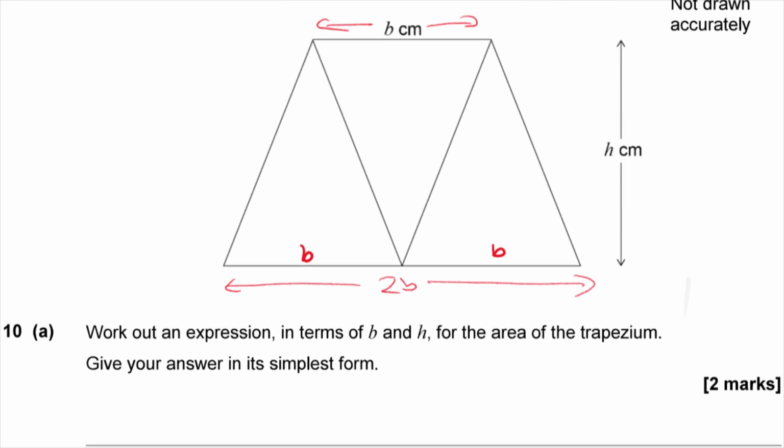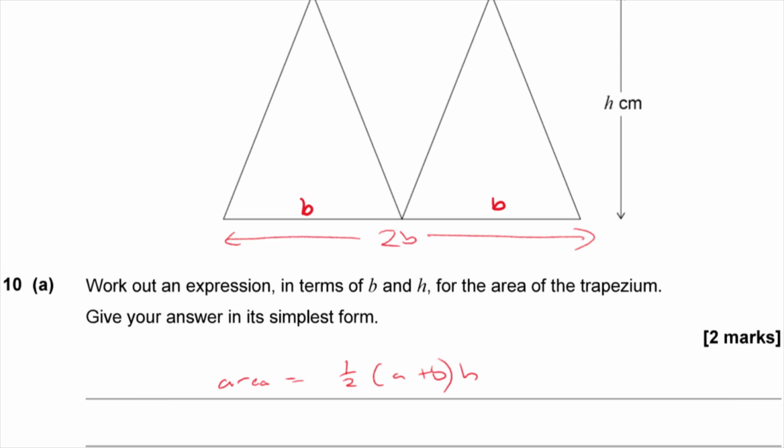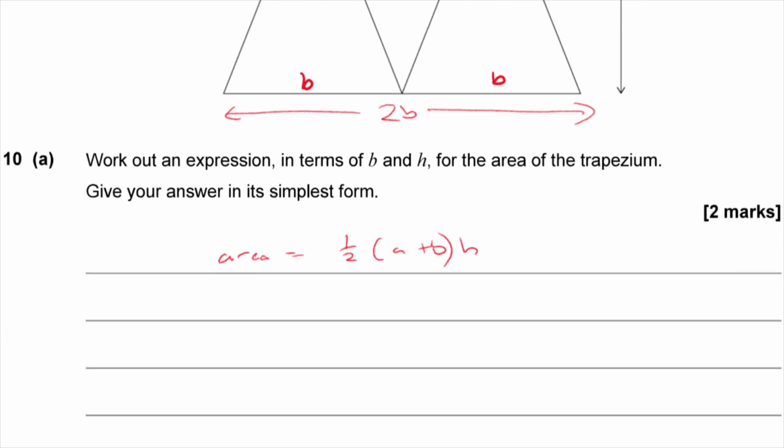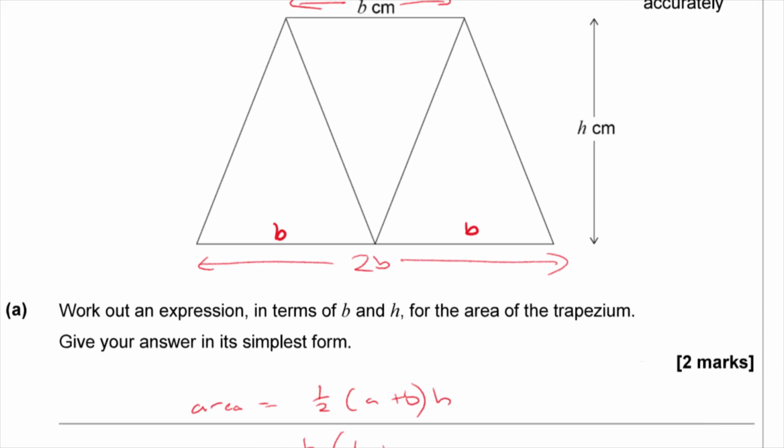Now the formula for the area of a trapezium is given by half a plus b, times h, where a and b are the 2 parallel sides and h is the perpendicular distance between them. Now in this particular case, my a is going to be b and my b is going to be 2b.